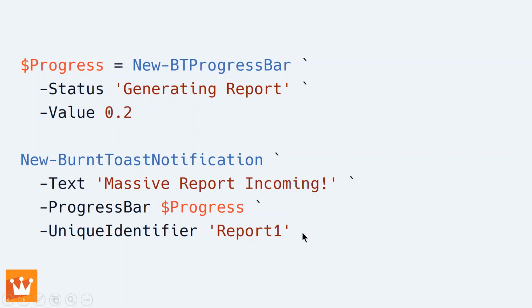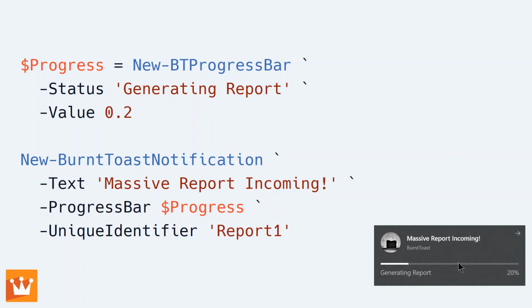What this allows us to do is it lets us replace an existing notification. And we'll see a little bit of that in a second. So when this toast pops up, you can see the title, the progress bar itself, the status of the progress bar, and some display text.